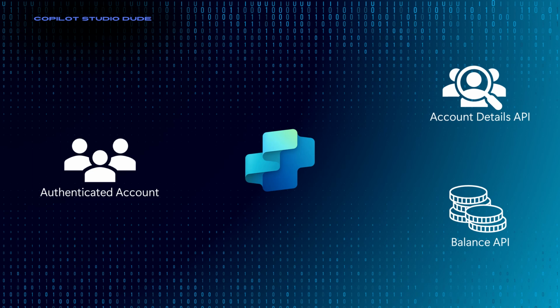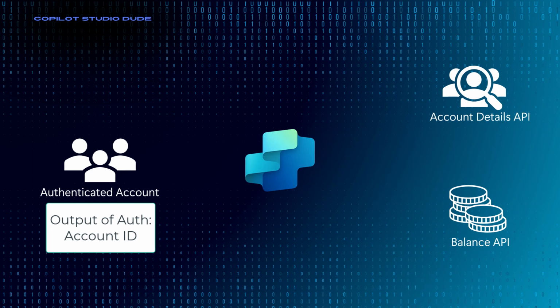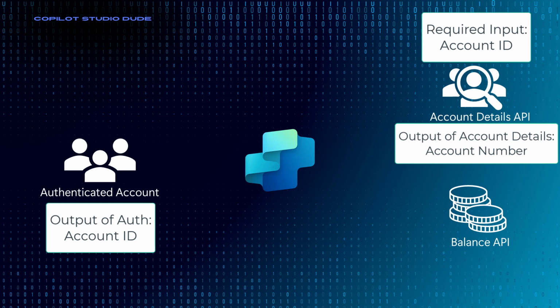But can I actually get what it needs as an input? Can I go find the account number in some way to be able to get the answer? I know who you are because you're authenticated, which means I can potentially use that as a mechanism to provide it to the account details API, because we've defined the inputs and the outputs of it.